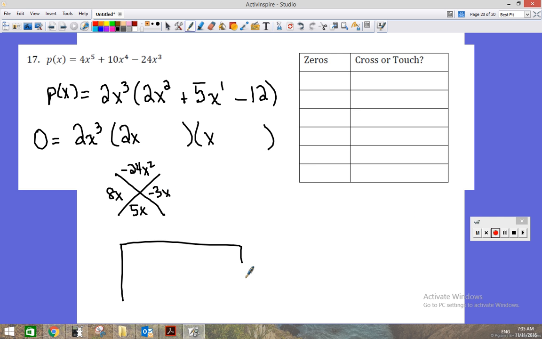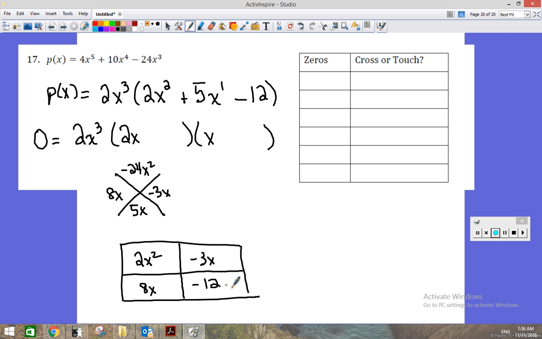And then in the body of a table I have 2x squared. The one diagonal has the first term and the last term of the trinomial, and along the other diagonal is the values in my x.